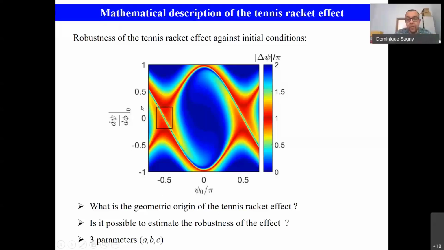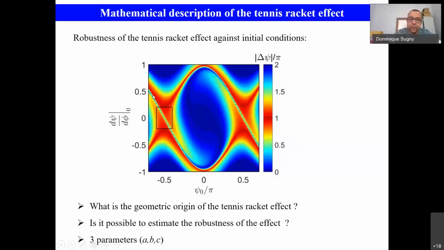And we see that for a large set of initial conditions around the separatrix, we observe a twist of the order of pi. So we can consider any initial conditions as a function of psi 0 and the corresponding speed, and we observe a twist which is of the order of pi.